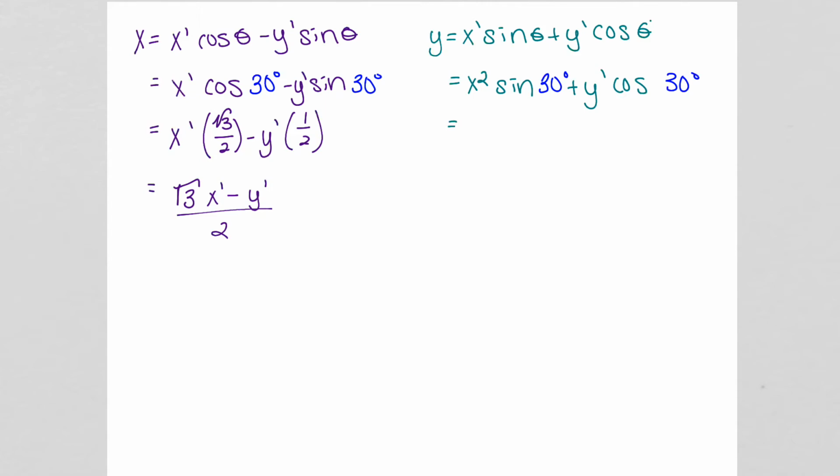I keep making that first one x squared. So sine of 30 is 1/2. Cosine 30 is root 3 over 2. So simplifying this one, there I did it again, would be x prime plus root 3 times y prime over 2.